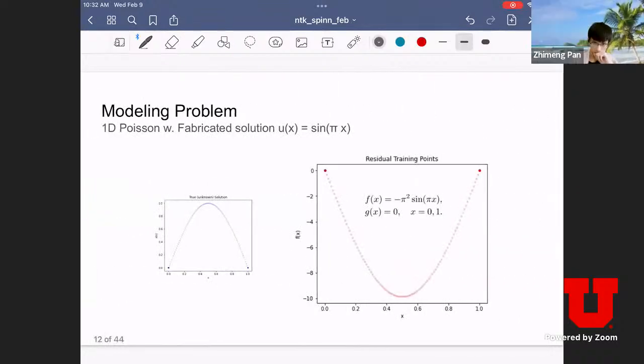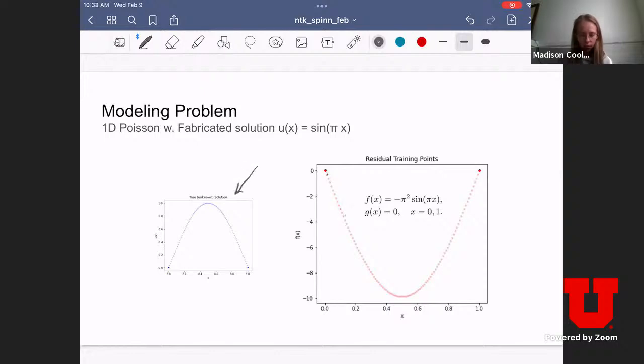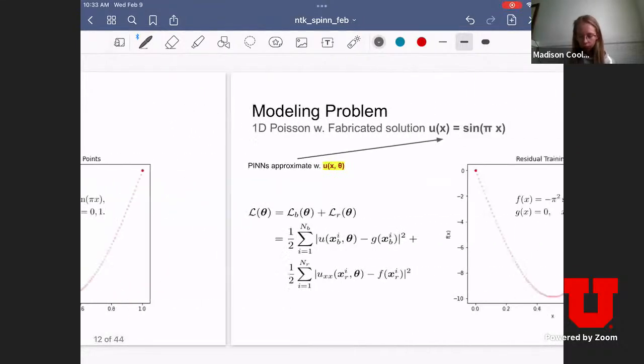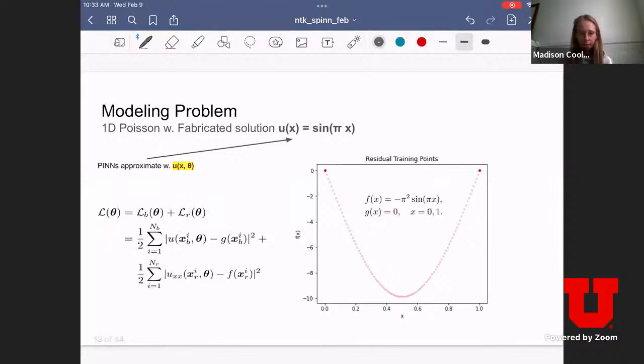And so when we solve these equations, we're given this residual data, and we're trying to find this unknown solution. So this is the actual data that we are given, usually in standard PINNs. The way PINNs are formulated is by a composite loss function that looks like this, where the first term evaluates the loss on the boundary points.